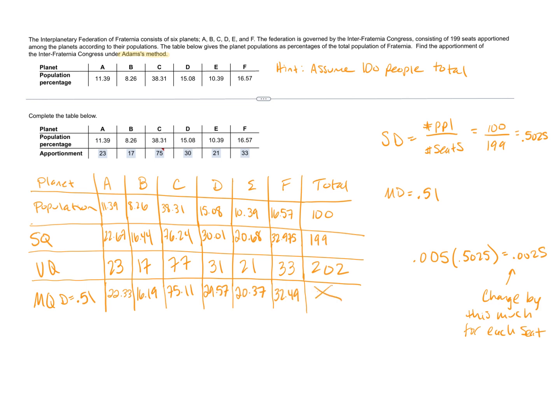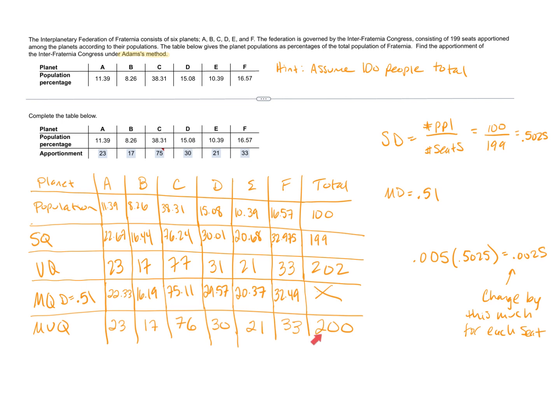I don't need that total. Next step is to round up, the modified upper quota. So I round each of these up: 23, 17, 76, 30, 21, 33. When I add those up, I think I'm going to get 200. Let's double check. 23 plus 17 plus 76 plus 30 plus 21 plus 33 is 200 seats.